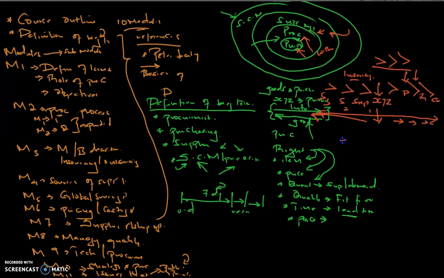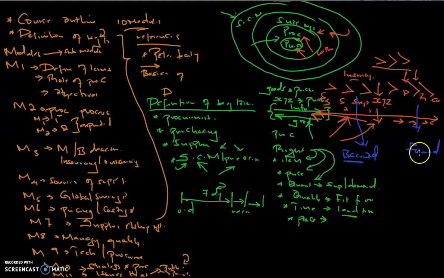So, the art of managing the internal functions in conjunction with this section here is what we call, let me change the color, this section here is what we call our backward section, and this here is what you call our forward section of the supply chain.